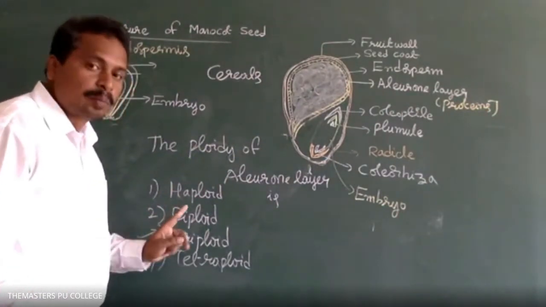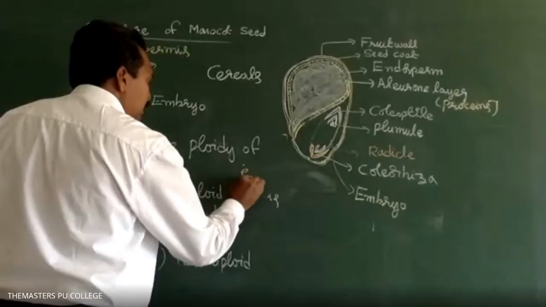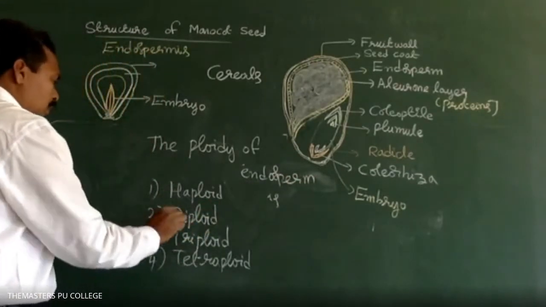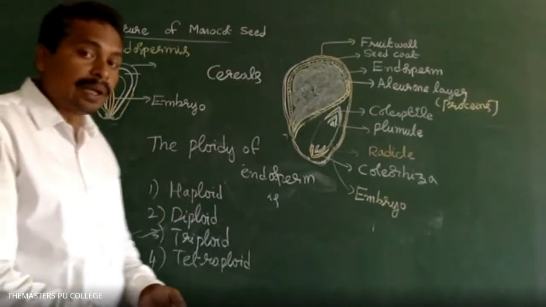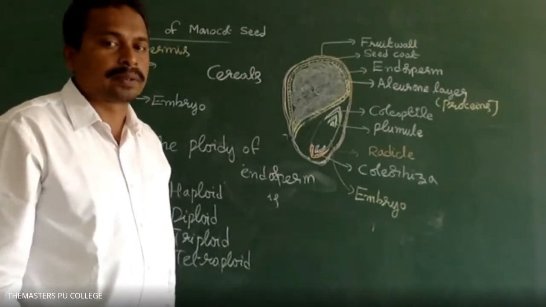That's a triploid condition. The ploidy of endosperm is option 3, triploid. Very good. The ploidy of endosperm in angiosperm plants is triploid.